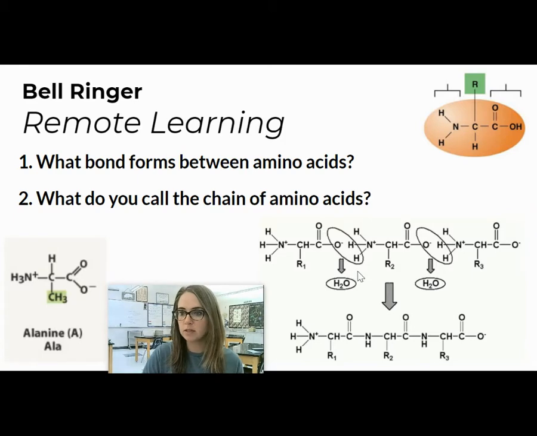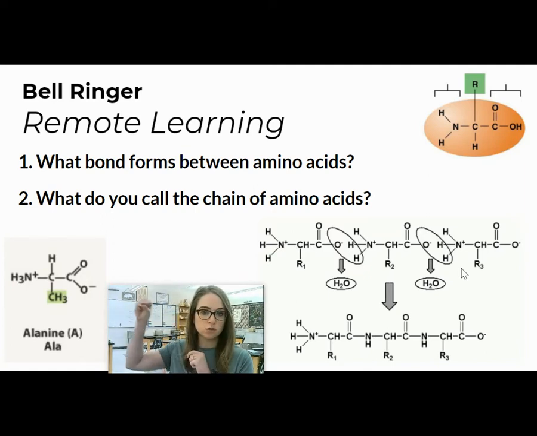But when we come over to this picture here, this shows the actual process of hooking three separate amino acids together. They're just calling this R1, R2, and R3. It doesn't matter what amino acid they are. It could be alanine, tyrosine, and serine, but this R would change for each of them. We didn't get to do this in class, but had we built these amino acids, I would have had different students.